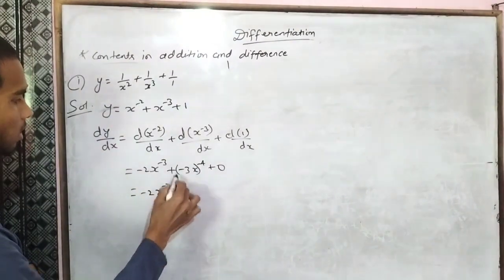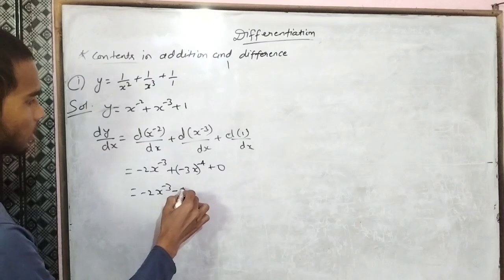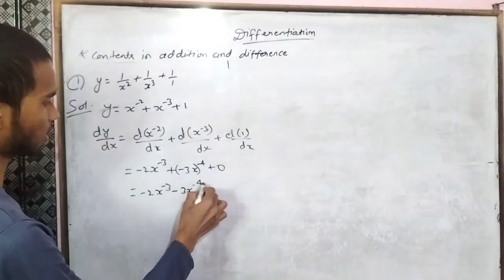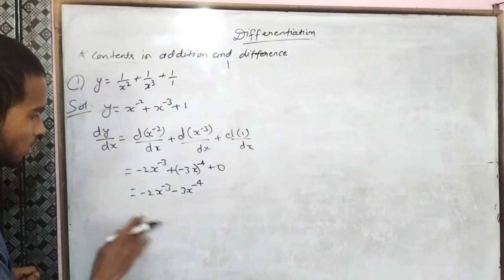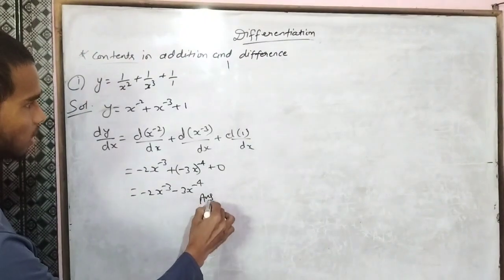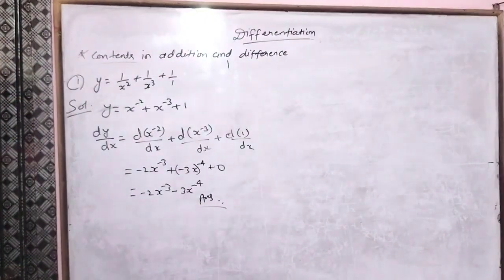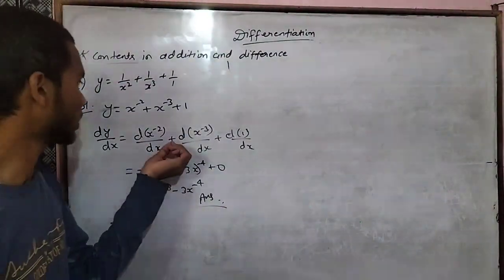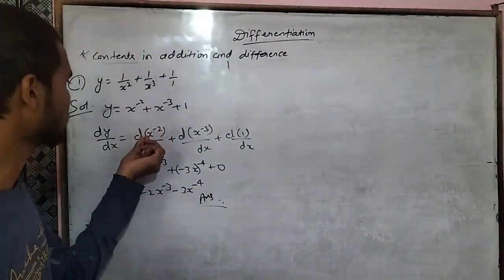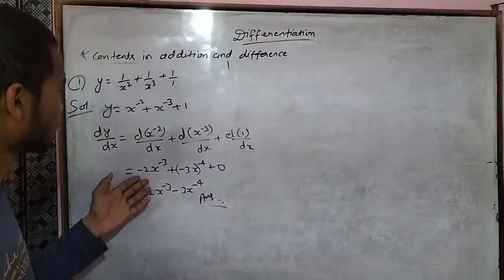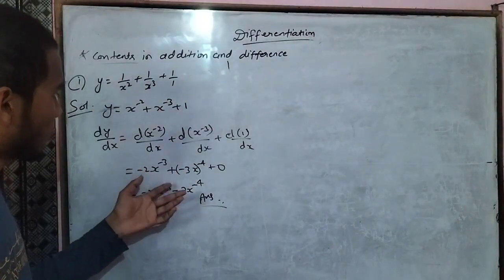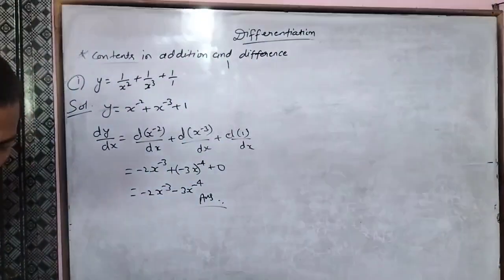Minus 2 and this minus 3x square. Got it? Yes, this is the final answer. Here we wrote each term with the differentiation, then we differentiated each term, then we wrote and simplified it.